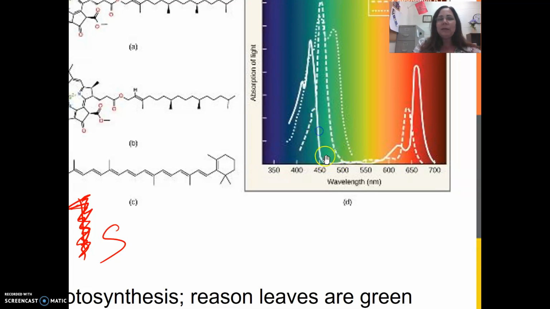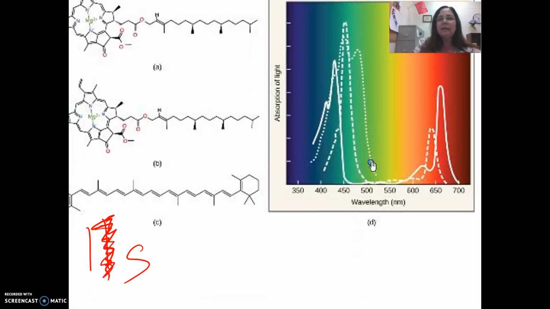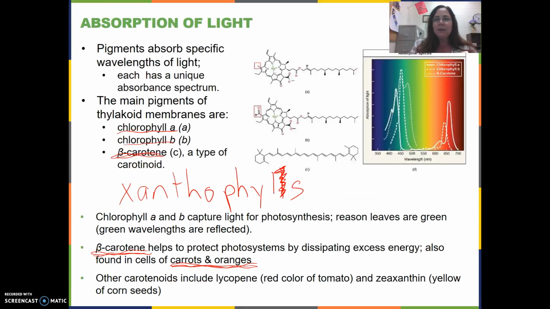So chlorophyll A is green, chlorophyll B is a different shade of green, and the carotenoids are more of a yellow-orange color. The color that they actually are is the color they reflect, and the peaks are where they actually absorb.